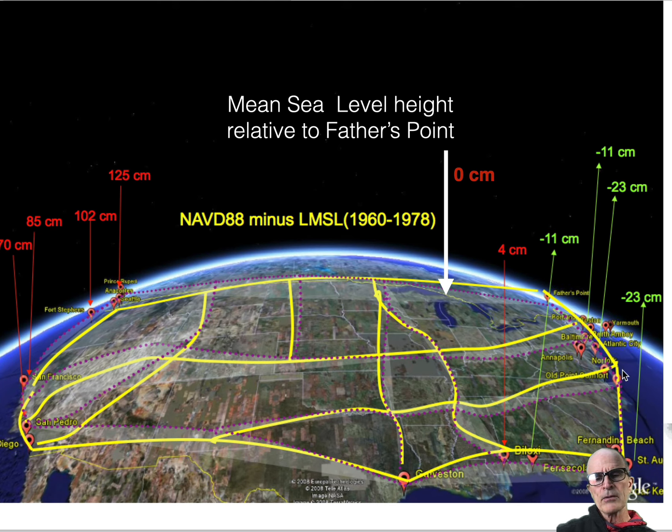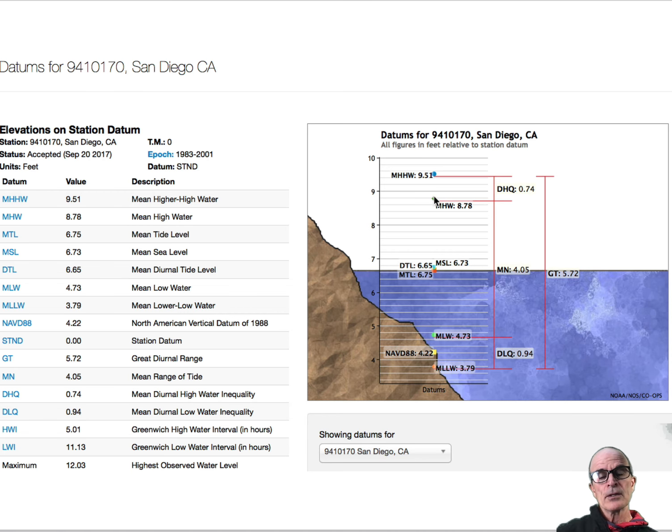Now, this begs the question, if I'm working on the coast to these various locations, how do I actually calculate relative to the actual local mean sea level? And you have to go to the tide gauges and calculate the differences. Now, there's an example in the book I won't go over here, but basically you have the NAVD 88 height and the mean sea level height.